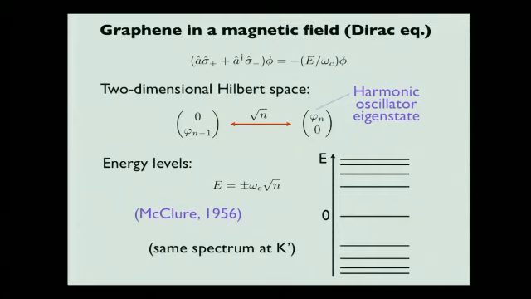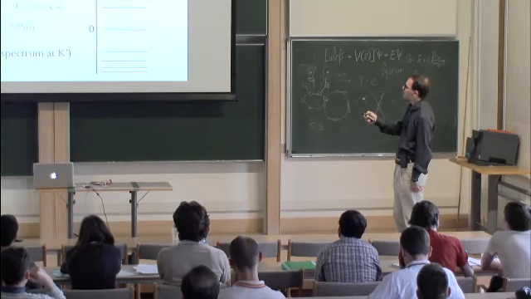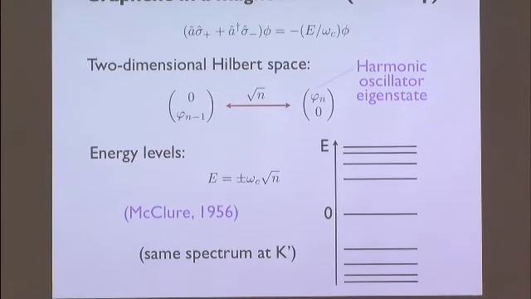And the amplitude for this process to happen, that is the amplitude for this operator to connect this to that state, is just square root of n. That is because of the matrix elements of the harmonic oscillator operators. Yeah? So if I have a harmonic oscillator in level n and apply the annihilation operator, I will get square root of n times n minus 1.